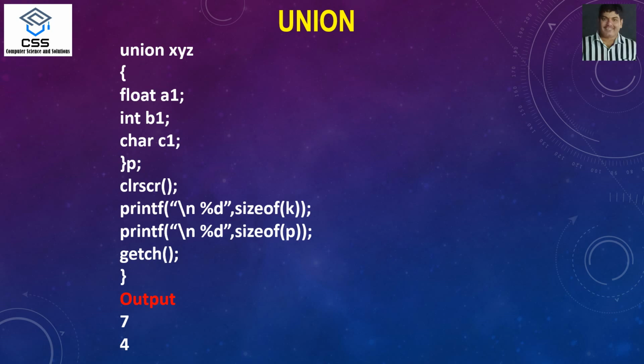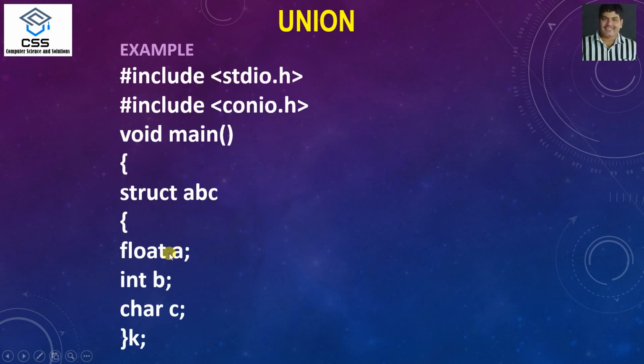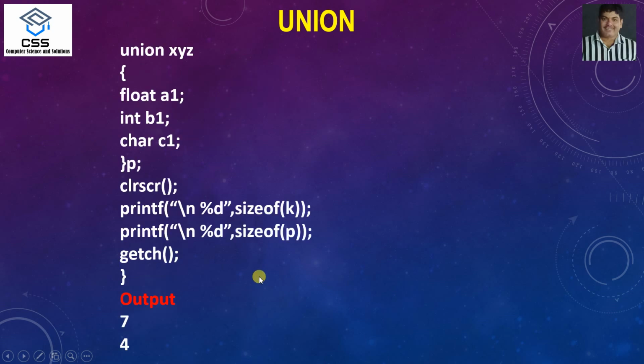If we measure the size of k, the structure variable, and the size of p, the union variable: in case of structure, it will be float 4, integer 2, and character 1, that is 7 bytes. But in union, it will take 4 bytes, because within those float 4 bytes, the integer and character values will be stored, and hence the result will be 7 and 4.